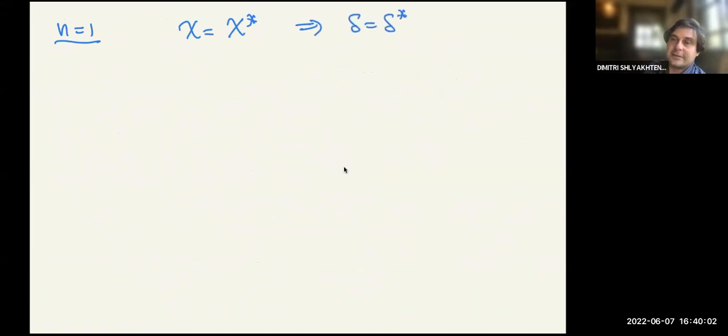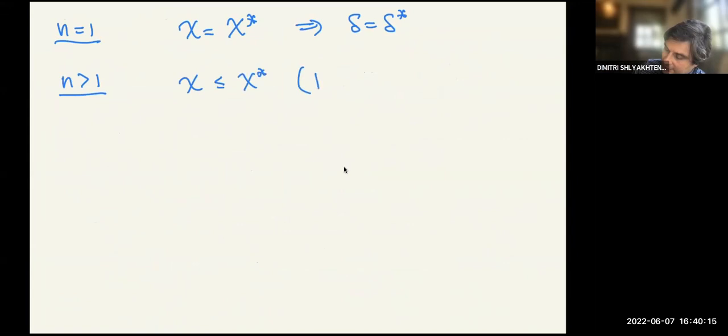All right. So comments. When n equals 1, in other words we have exactly one variable, Voiculescu actually proved that these things are the same, and so, of course, delta is equal to delta star. So that's easy; there is actually nothing new. For n bigger than 1, there is in fact an inequality saying that chi is less or equal than chi star.